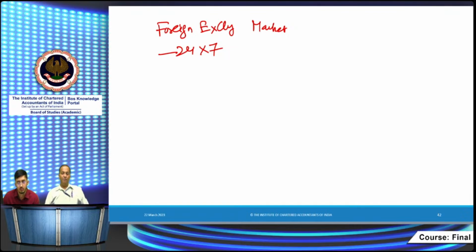And the main participants are hedgers, importers, exporters, banks, even government. Recently, if you are referring to the newspaper, you will see news that RBI has purchased dollars.